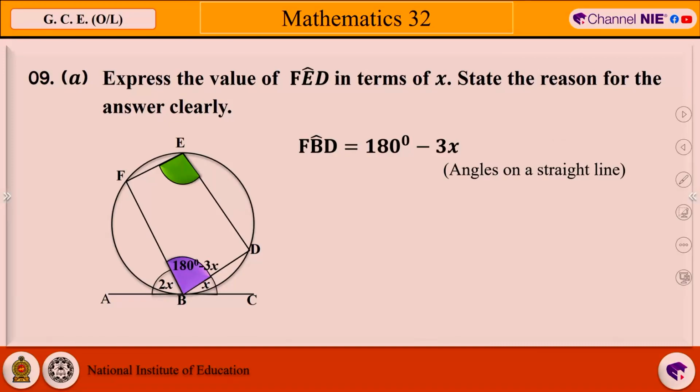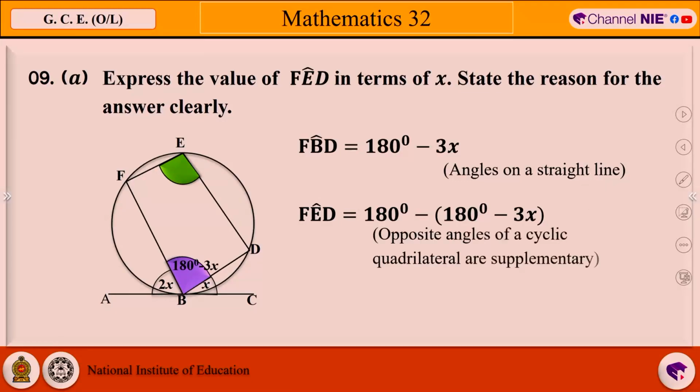Right, we can use that concept to find FED in terms of x. So, the sum of these two angles equals 180 means FED can be obtained by subtracting 180 minus 3x from 180 degrees. Accordingly, you will get the value of FED in terms of x.